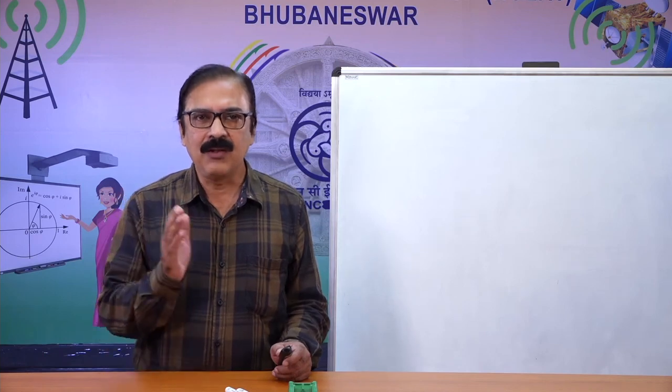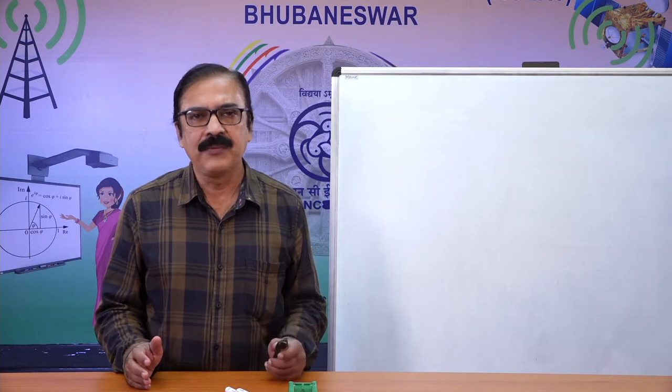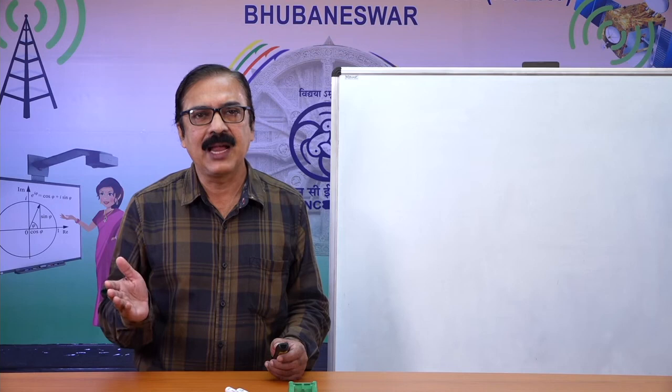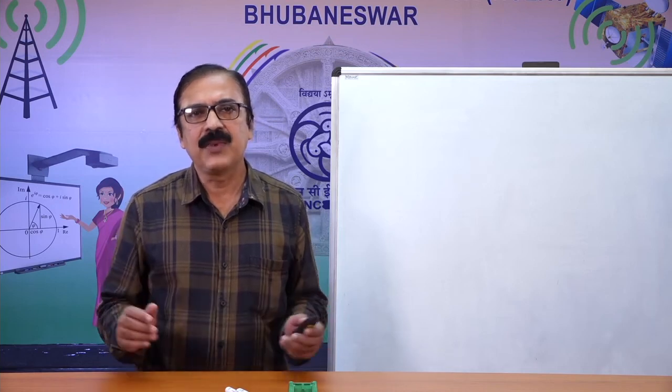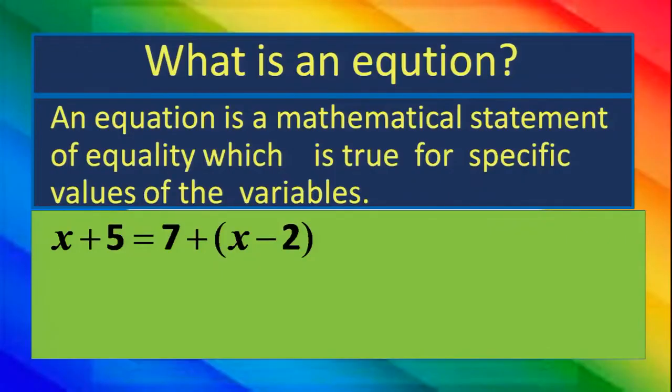If we put the value of x as 0, the left hand side gives 5, and in the right hand side, if we put 0 in place of x, then again it gives 5. That means this statement is true for both values of x. So we cannot say this to be an equation. This statement is not an equation.